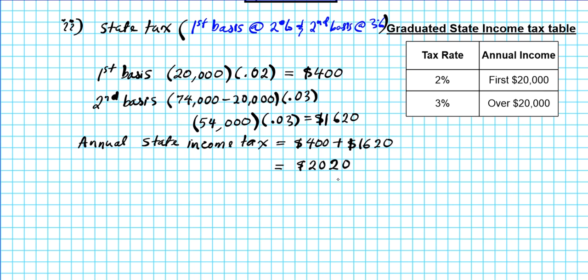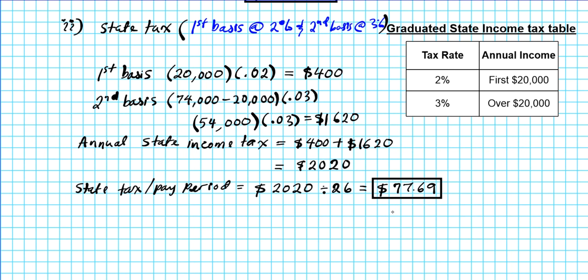But how much does she pay per pay period? Let's determine that. State tax per pay period can be determined by finding the quotient of her annual income tax and the number of pay periods, which is 26. So you simply divide these and you will end up with $77.69. This is how much Maria pays for state taxes every pay period.